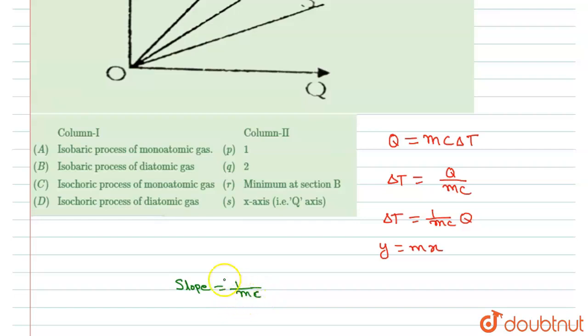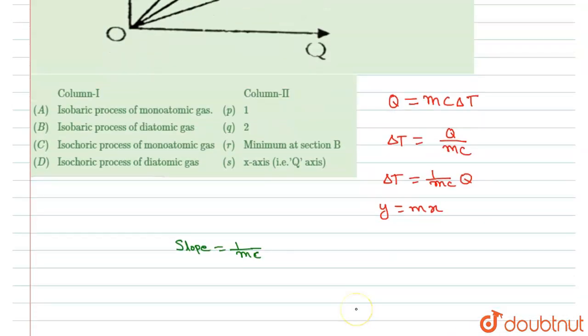Now we know that for the isochoric process of a monoatomic gas, C is less. So we can write that C is less for isochoric and monoatomic.